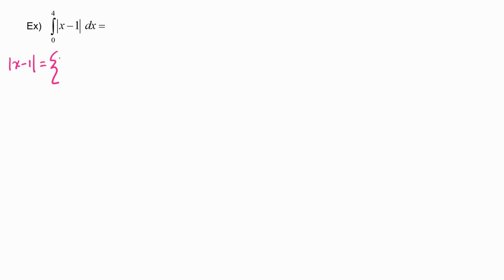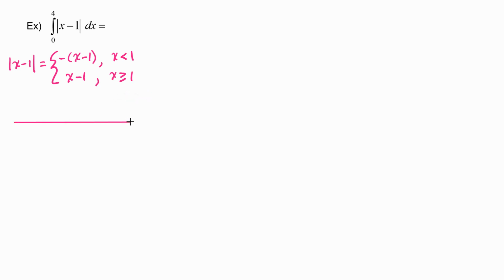We know it will be the opposite of the quantity x minus 1 if x minus 1 is negative, which happens when x is less than 1. Or it will be x minus 1 when x minus 1 is greater than or equal to 0, which is x being greater than or equal to 1.